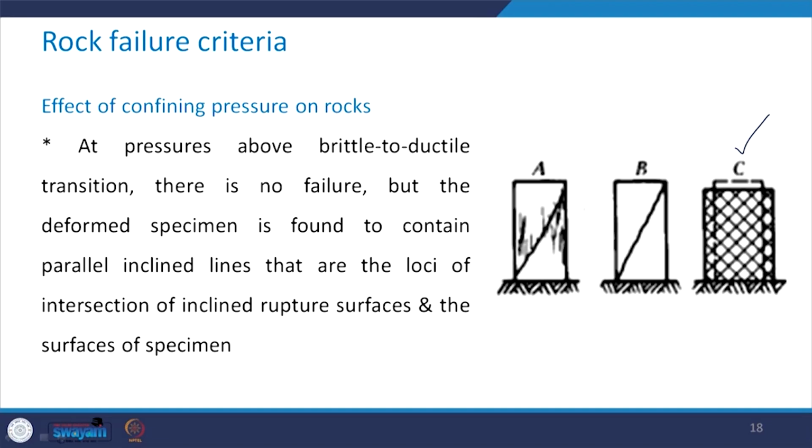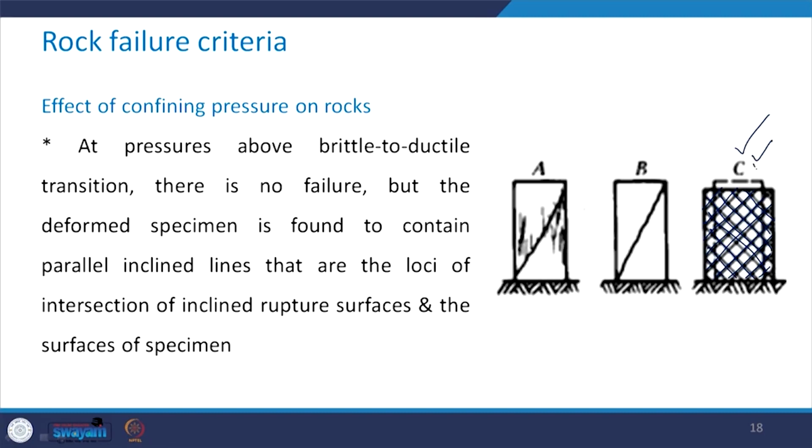So, you can see here that you are getting these two sets of inclined lines which are intersecting the surface of the specimen. One is in this direction and another one is in this direction, which is kind of perpendicular to the earlier one.